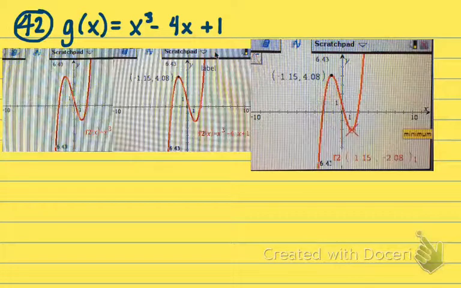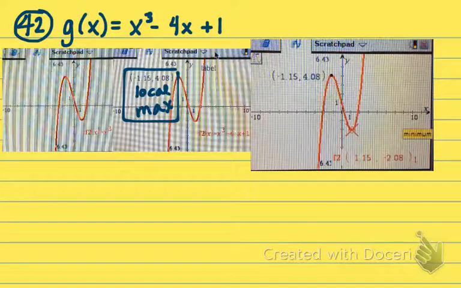Maxima and minima, in case I didn't reference that in the study guide, are just the plurals of maximum and minimum. This would be a local max, which I found using the calculate menu. In the third picture, I did it both ways just to show you it doesn't really matter. You just have to know what your calculator can do and how it does it.